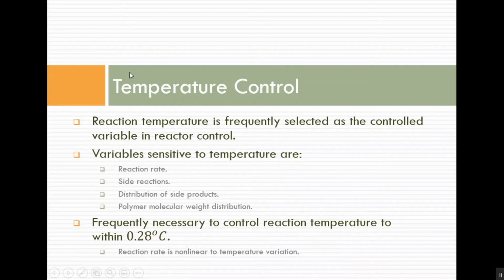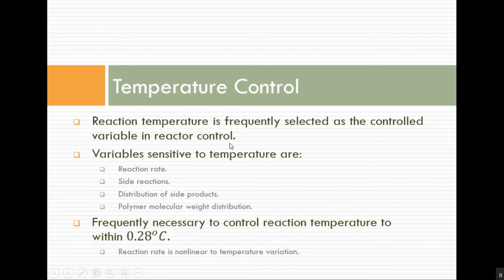It is also known as reactor temperature control. Please note, in a chemical reactor the reactor temperature or reaction temperature is selected as the main controlled variable. It gets more priority, meaning compared to pressure, this is the number one variable that we have to consider. Why is it so important?